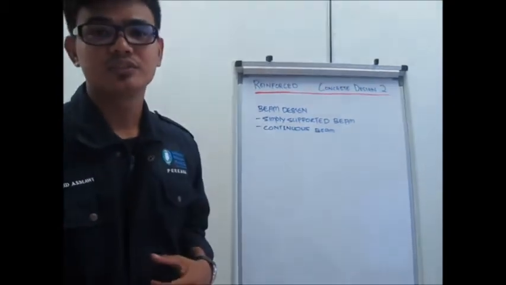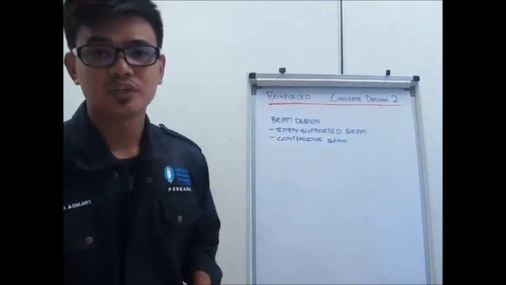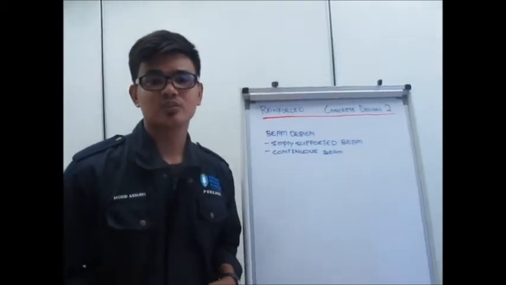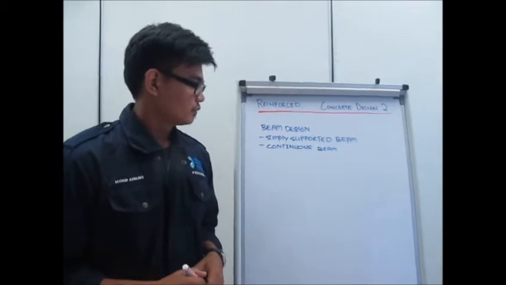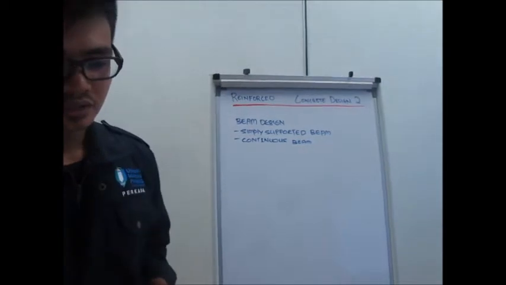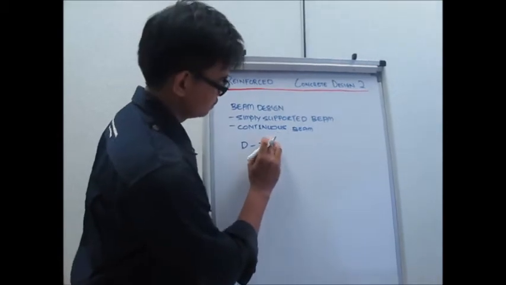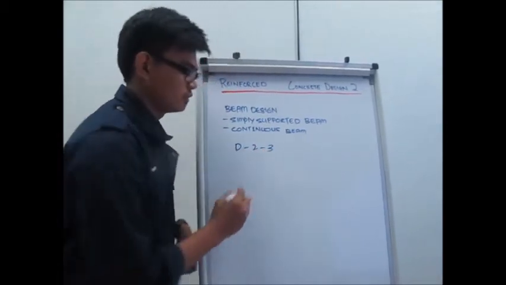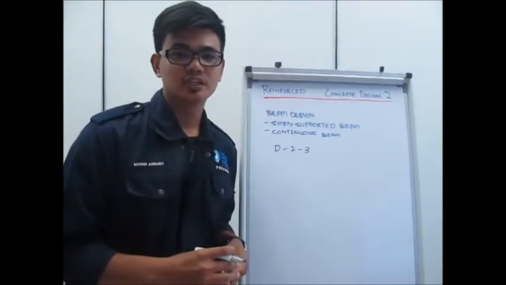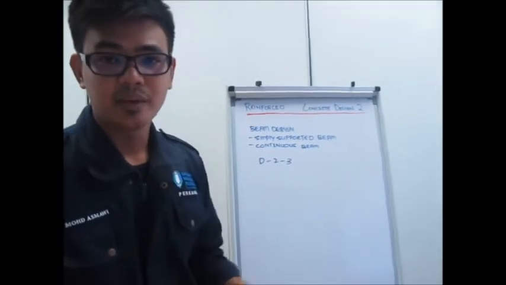Today I would like to present our design for beam. In our project we have two types of beam. The first one is the simply supported beam, and the second one is the continuous beam. Today I would like to show you beam D2-3. This is the beam which has the biggest load, because this beam is located at the M&E room.